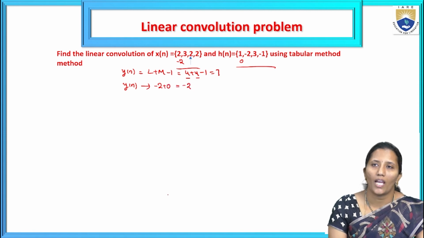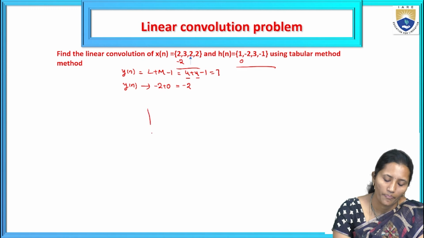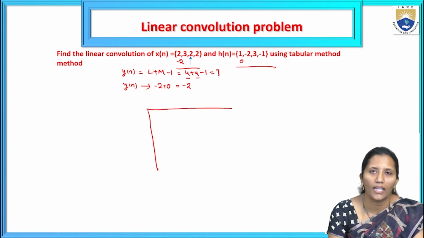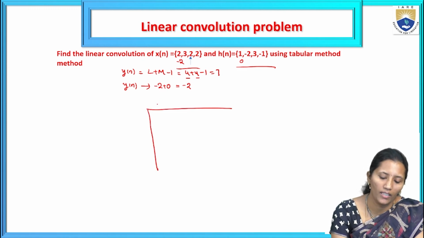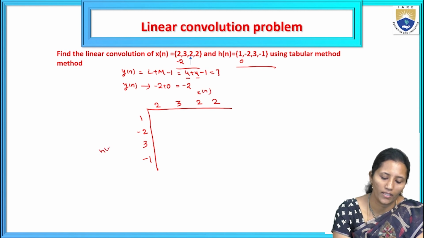To find it by the tabular method, take any one sequence and write it in the row. I am taking x of n in the row: 2, 3, 2, 2, and h of n in the column: 1, minus 2, 3, minus 1.